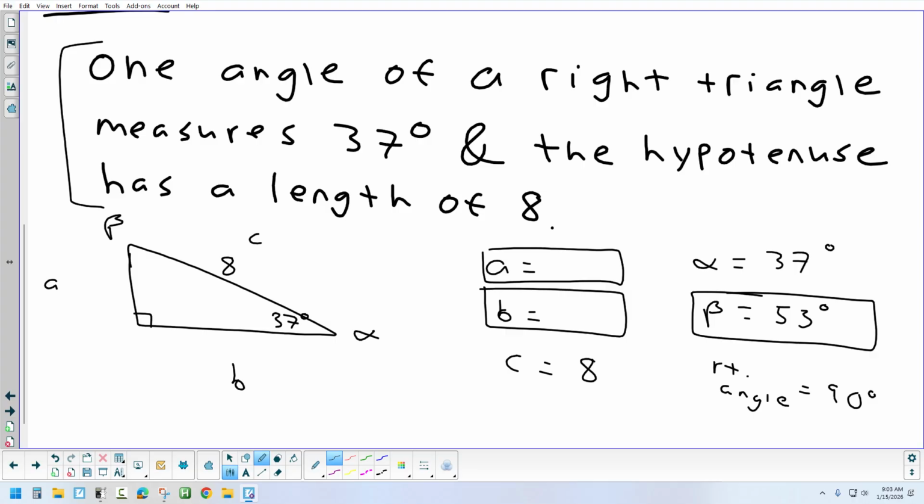Why else? What's another good reason why we would want to use the 37? Yeah? Because it was the given. Okay. What does that matter? Was the information you start off with. Okay. Why would you want to use that versus the 53 though?